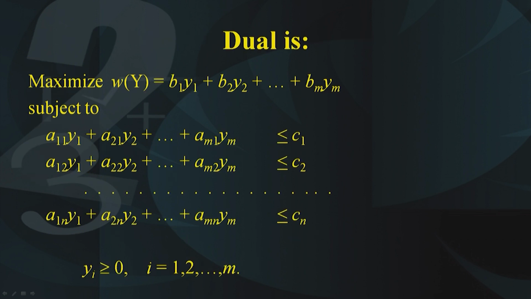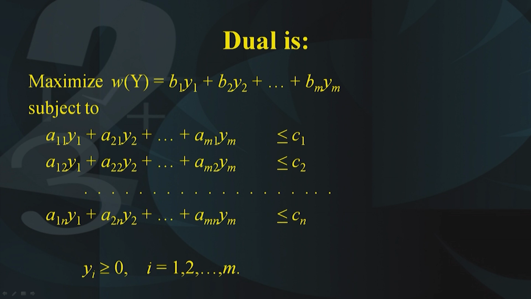Now, coming to the dual of the problem. The dual of the problem can be written as maximization of w of y, which is equal to b1 y1 plus b2 y2 plus bm ym, and this is subject to the conditions of the type less than or equal to C1.